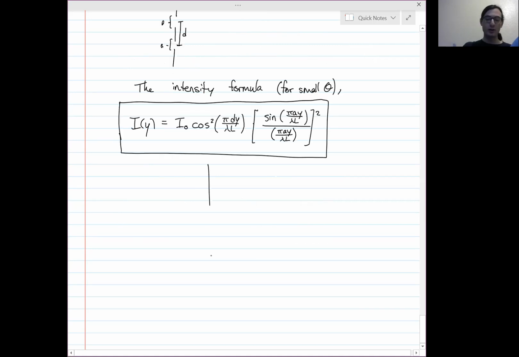What does it look like if we were to plot it against y? Looks something like this, and I'm going to do my best to make this look good. It's so hard to draw.